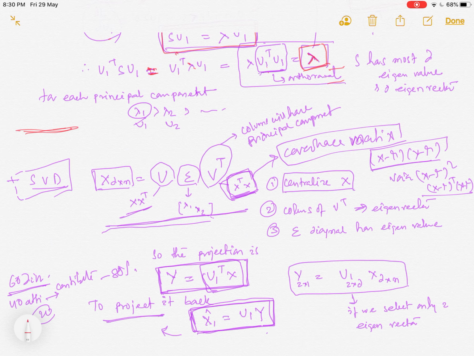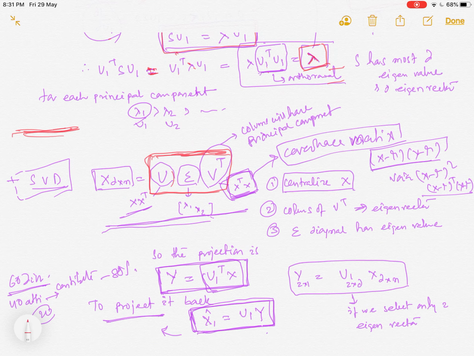So what is SVD? Singular value decomposition. If we have a matrix x of d cross n, it can be decomposed into U sigma V transpose. There are many types of decomposition like LDU, but we are interested in SVD.